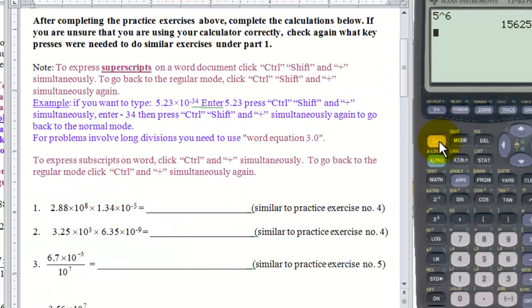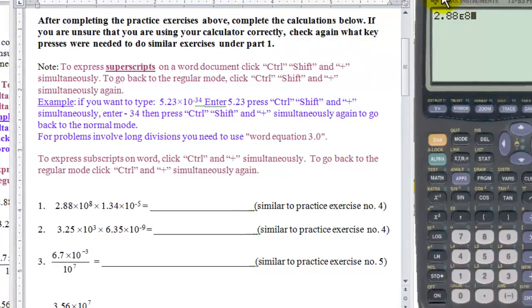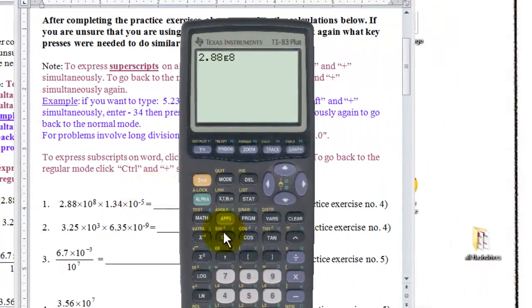Okay, so let's do the first operation here. 2.88 times 10 to the power 8 times 1.34 times 10 to the negative 5. So we'll go 2.88. Now for times 10 to the power 8, we are going to press second E and input 8. So now we have 2.88 times 10 to the power 8. And then we have to multiply it by 1.34 times 10 to the negative 5.